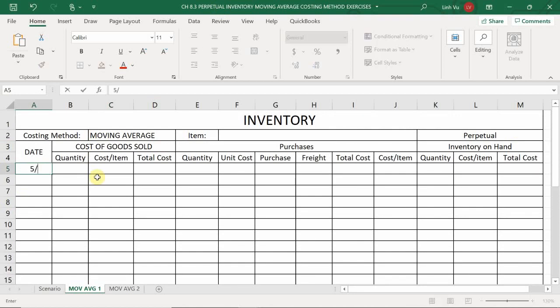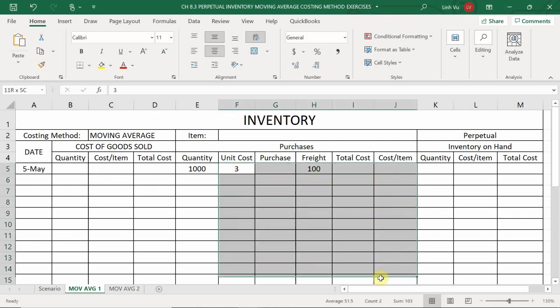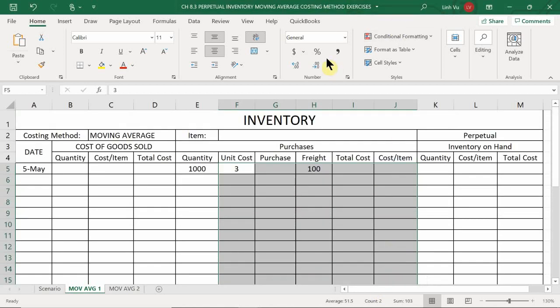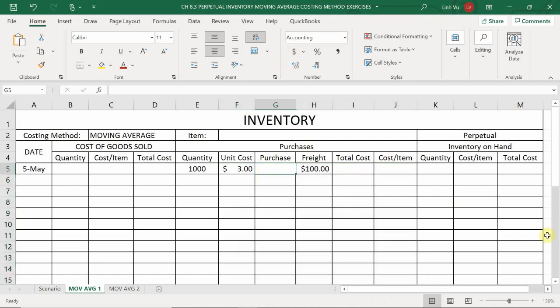So let's take a look here. It is May 5th, right? We purchased 1,000 units at $3 each, with the freight costing $100. So I'm going to reformat this real quick. Okay, so what is going to be my purchase price? $3,000.